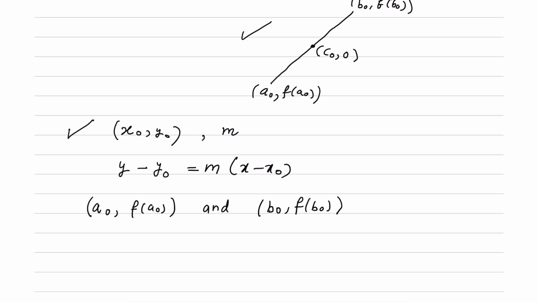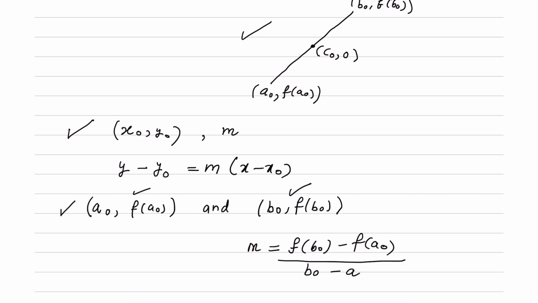We will consider A0, f of A0 as the point through which the line is passing, and then we will calculate the slope of this line by using these 2 points. So slope of a line by using these 2 points is difference between the second coordinates divided by the difference between the first coordinates. We use these 2 points to write the slope of the straight line.